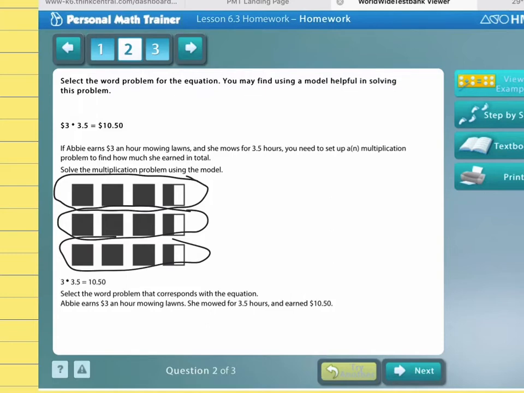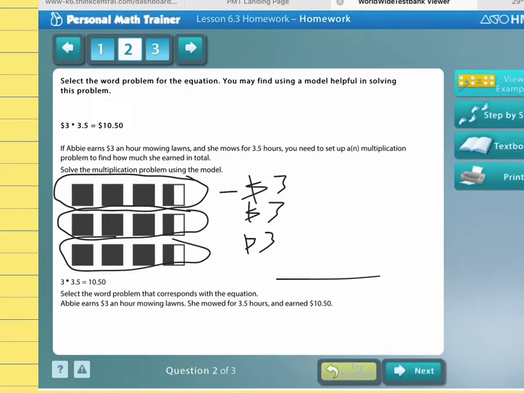So if this was 3.5, this would be 3 times. So that would be $3 here, and $3 here, and $3 here. So 3 times 3.5 is $10.50. So the $3, 3.5 times, $10.50.